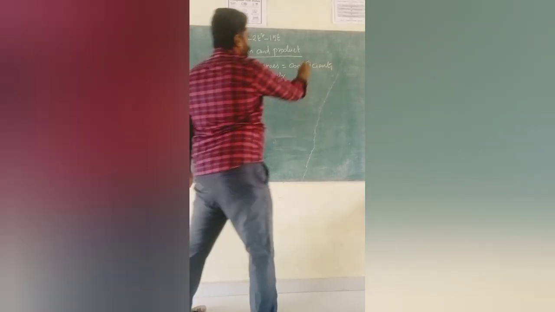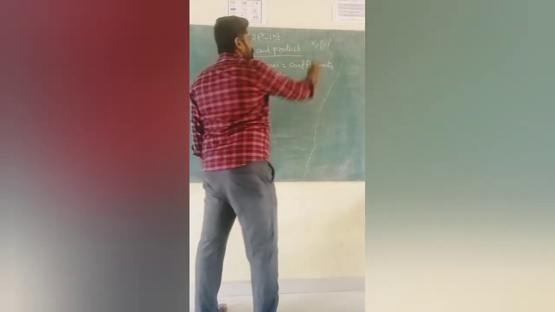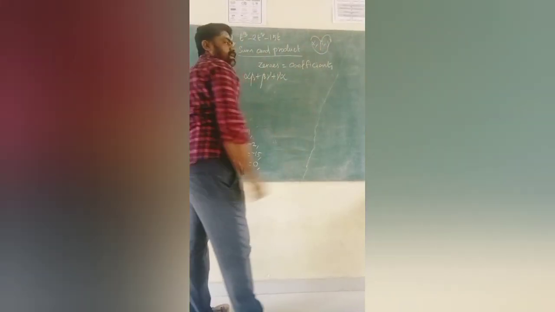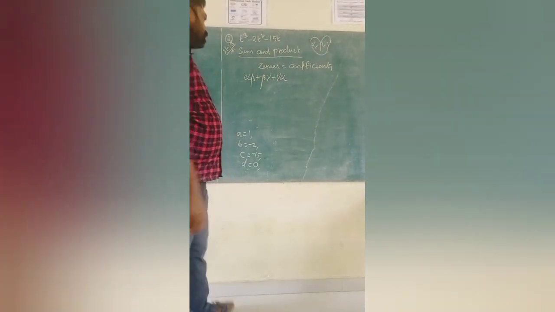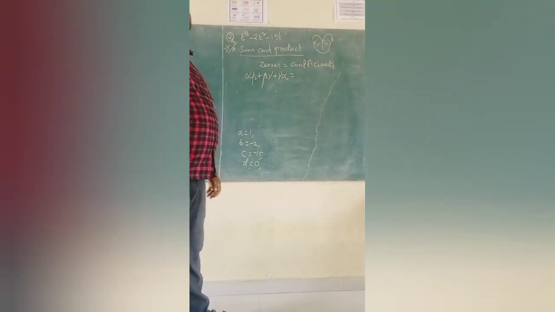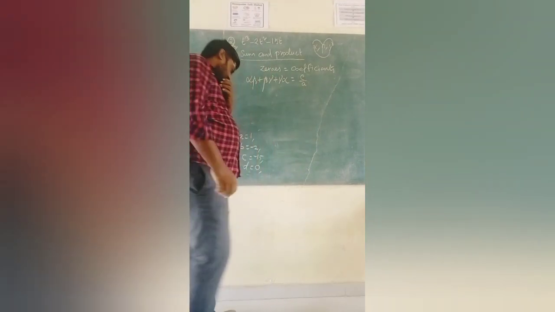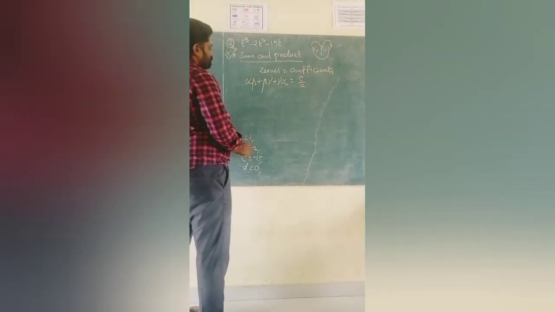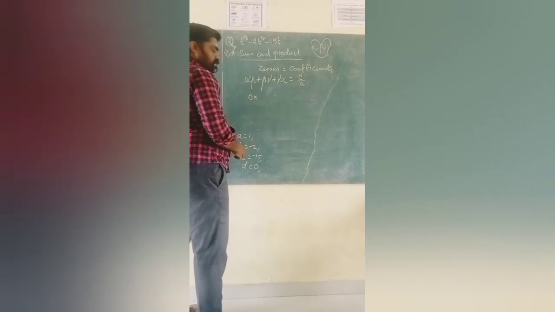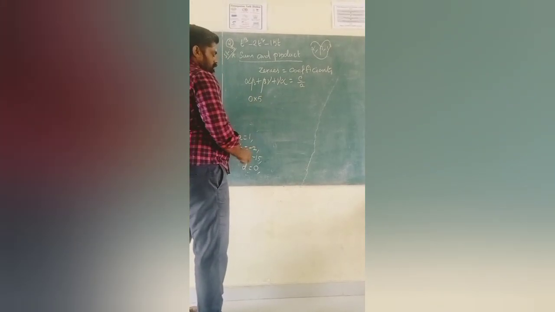Very simple. Alpha, beta, gamma, isn't it? So alpha into beta plus beta into gamma plus gamma into alpha. That's all. This is equal to C by A. Then the alpha value is 0, into the beta value, 5.